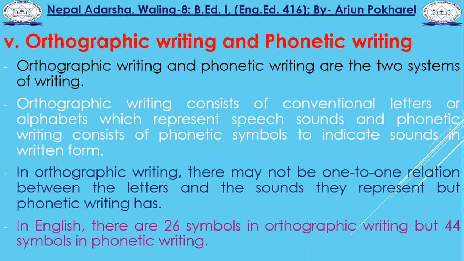These 20 vowels and 24 consonants are used while speaking. Whatever we speak, we write the same in phonetic writing. In this way, we show the difference between orthographic writing and phonetic writing.